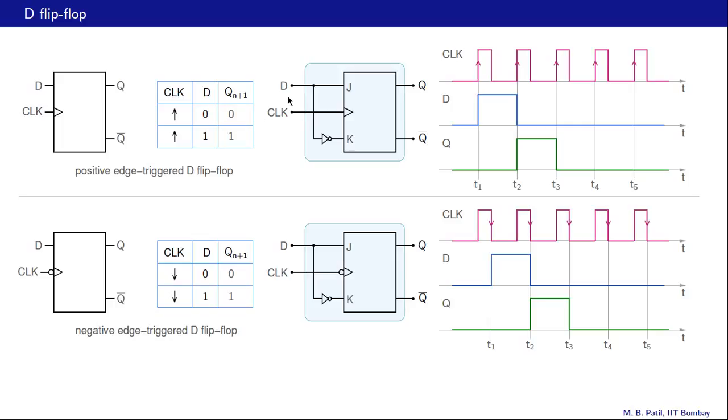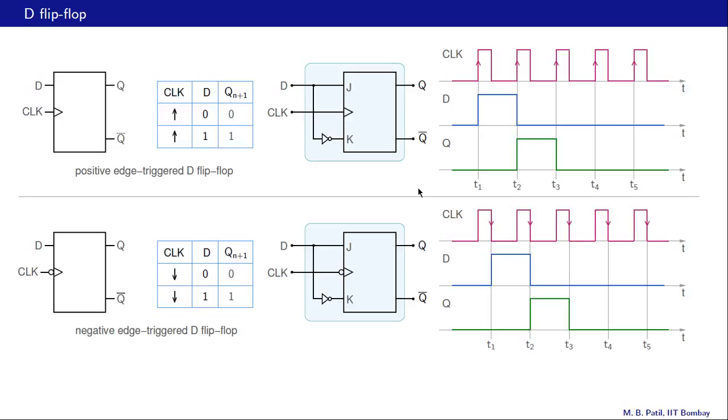Similarly, if D is 1, then J is 1 and K is 0, and then after the active edge, Q is going to become equal to 1, and that is what it says over here. So if D is 0, Qn plus 1 is 0. If D is 1, Qn plus 1 is 1. And the same table is also valid for this negative edge triggered D flip-flop, except of course for the active edge, which is a negative transition now.